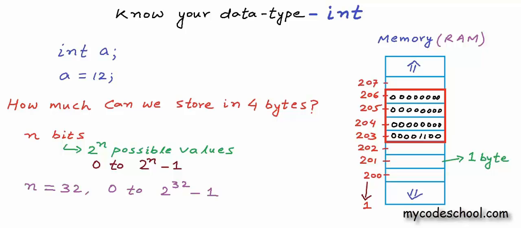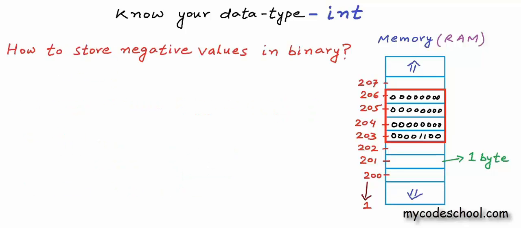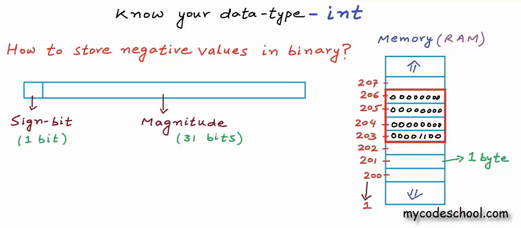First of all, how do you think we can store negative values in binary? One of the things that we can do is use one of the bits to store the information whether it's a positive number or a negative number, and use the rest of the bits to store the magnitude or absolute value. So if we have 32 bits we can do something like this.